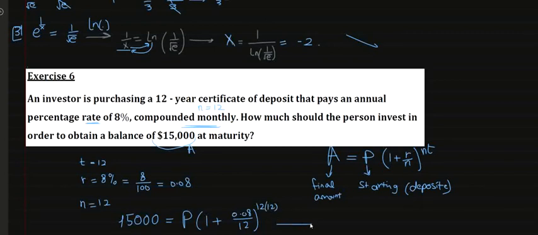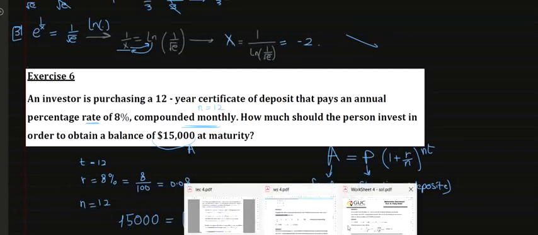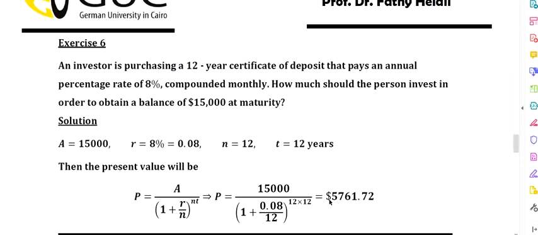Now we can solve this for P: calculate that number, and then 15,000 divided by that other number will give you that P is equal to 5,761.72.